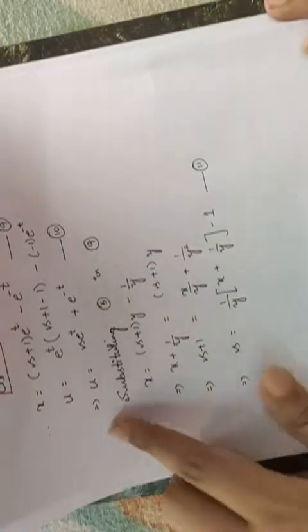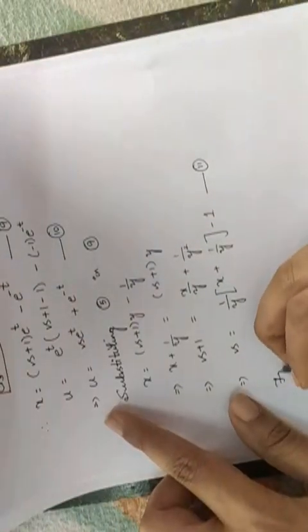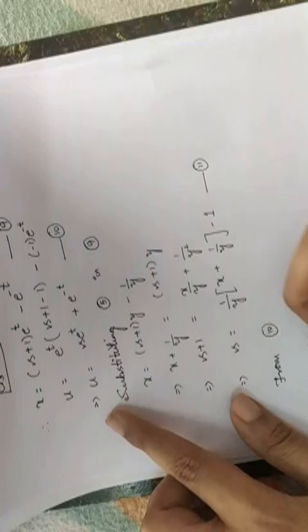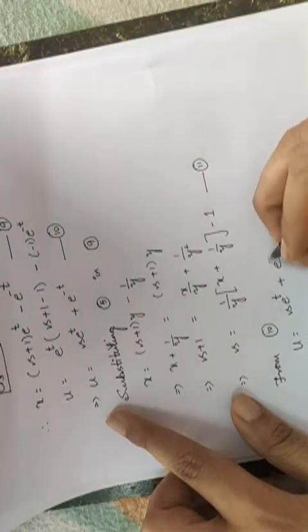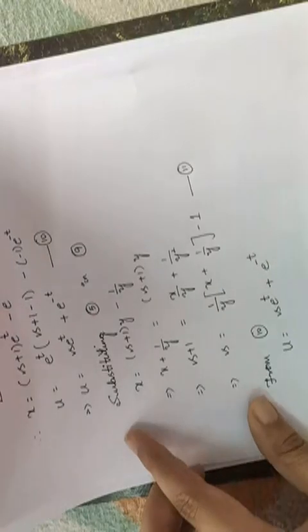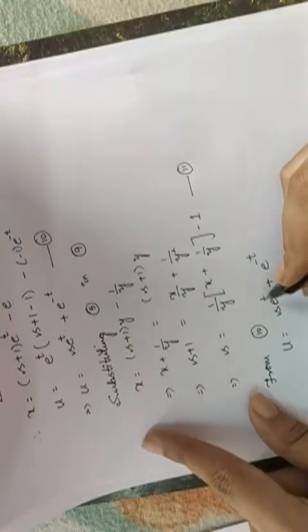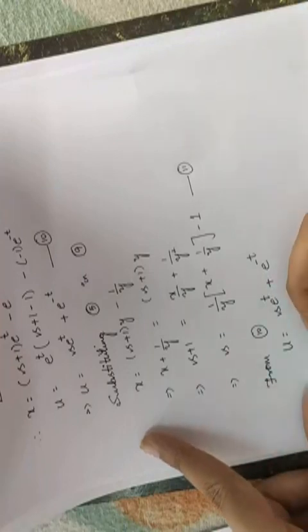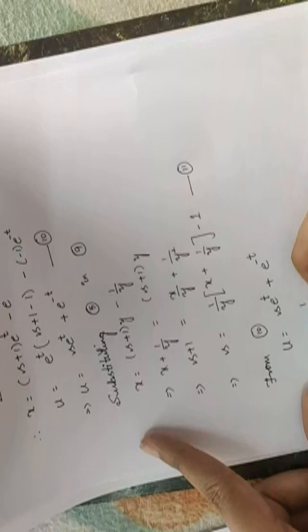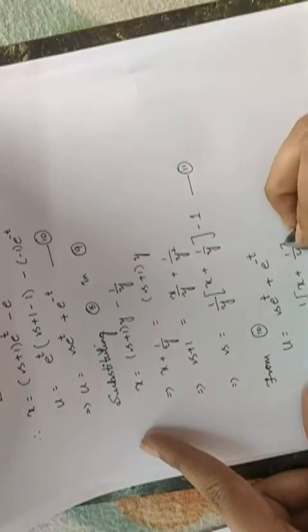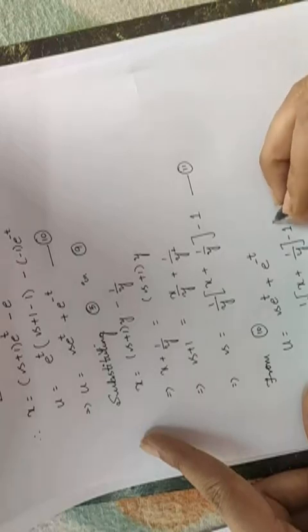From equation number 10 we have u is equal to s into e power t plus e power minus t, right? So we know the value of s and we know that e power t is nothing but y. This implies u is equal to, substituting the value of s, 1 over y into x plus 1 by y minus 1, into y plus 1 by y.